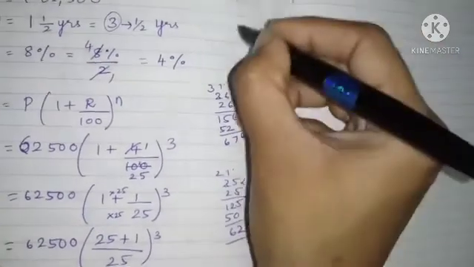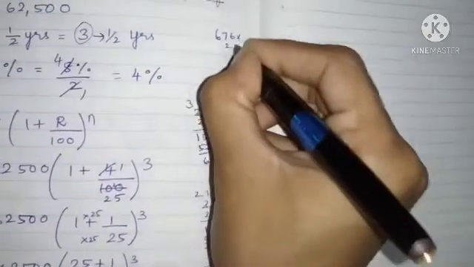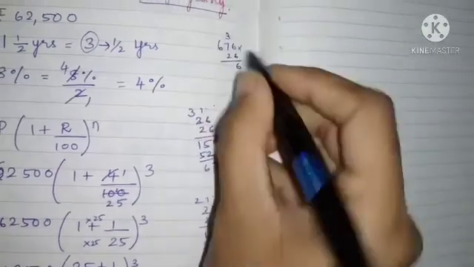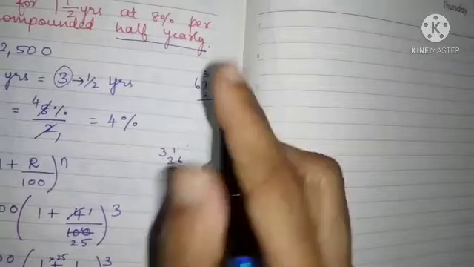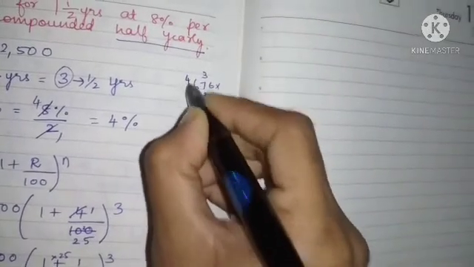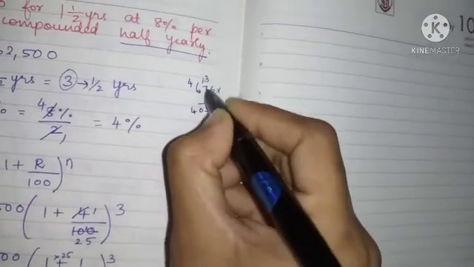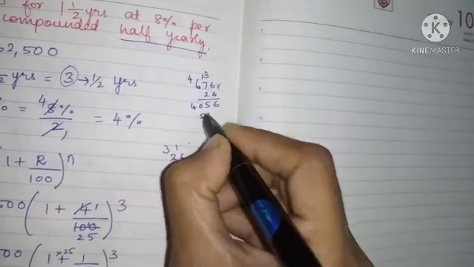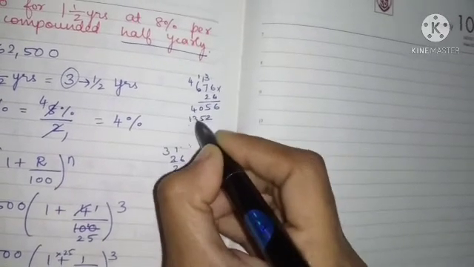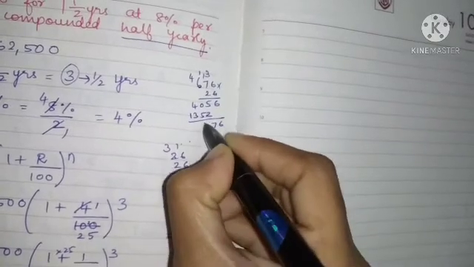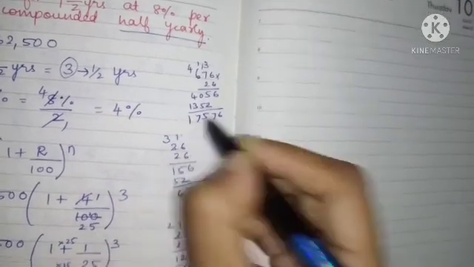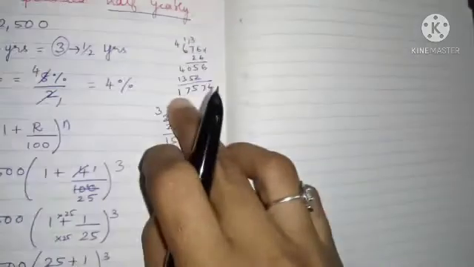Again multiply 676 into 26: 6 sixes are 36, 7 sixes are 42, 45, 6 twos are 12, 7 twos are 14, 15, 6 twos are 12, 13. So what is the answer you are getting? 17,576.